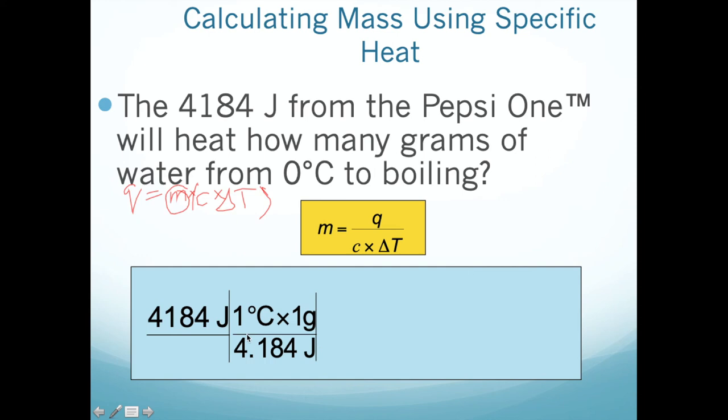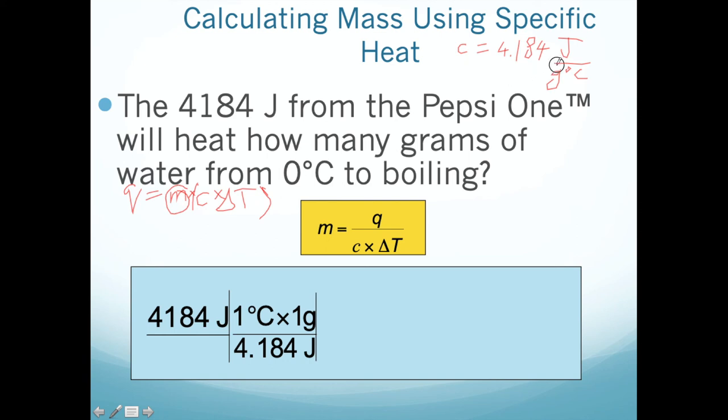So the specific heat capacity of water, C for water, is equal to 4.184 joules per gram degree Celsius. What that means is that's 4.184 joules divided by 1 gram times 1 degree Celsius. So if we were to divide by C, what that means is that fraction gets flipped.